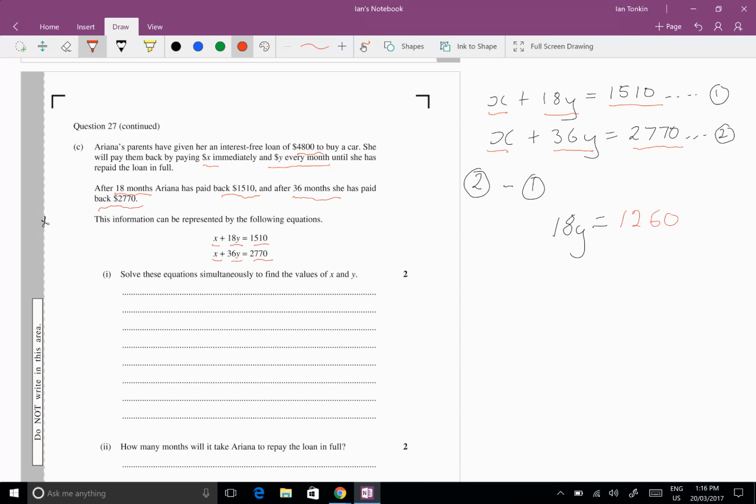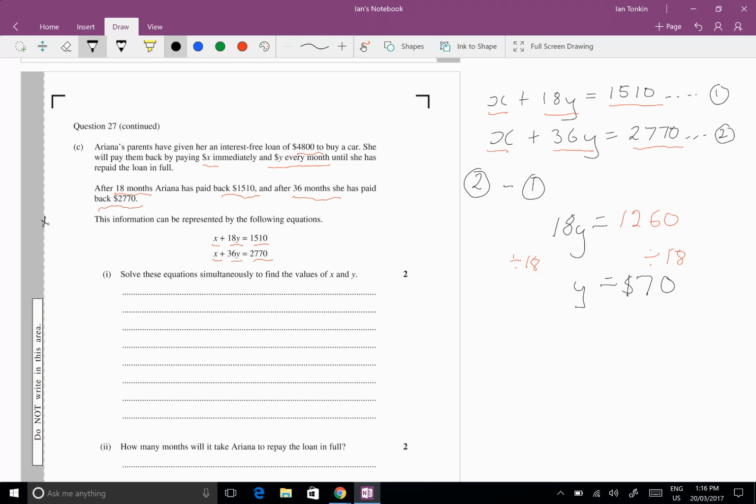Now it's just a nice easy equation. I'm just going to divide by 18, and I'll get y equals 70. So that's 70 months. Oh, sorry. Not 70 months. It's $70 a month.